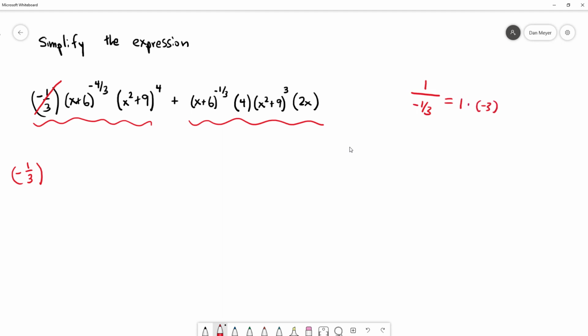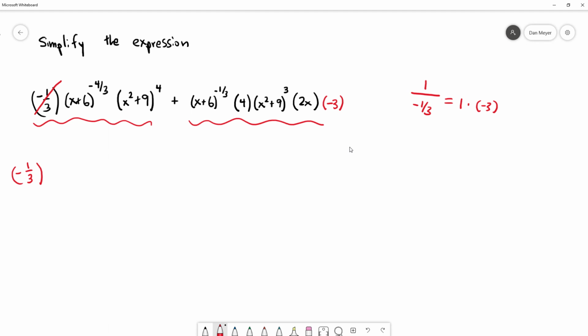Remember, division is the same as multiplication by the reciprocal. So factoring out the negative 1/3 here has the effect of introducing a new factor of negative 1/3. And that's a little bit confusing the first time you see it. That's kind of why I'm doing this particular example.